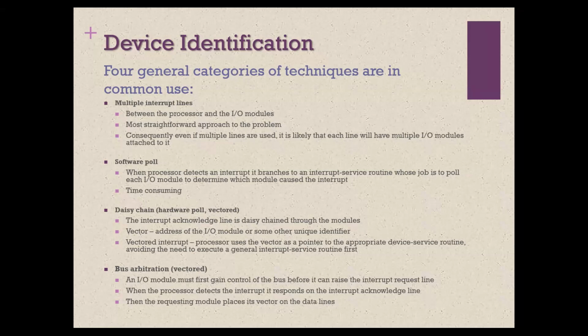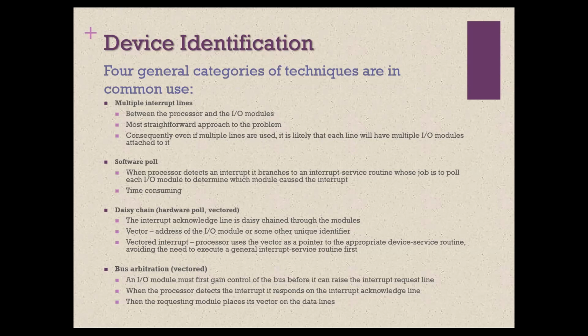This word is what we refer to as a vector and is either the address of the I/O module or some other unique identifier. In either case, the processor uses this vector as a pointer to the appropriate device service routine. This avoids the need to execute a general interrupt service routine first, and so this technique is called a vectored interrupt.